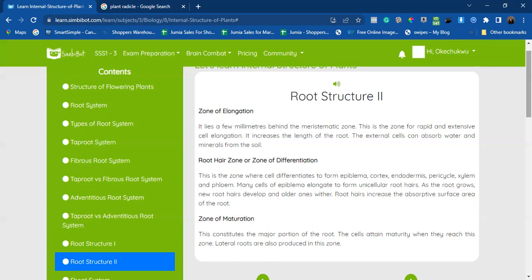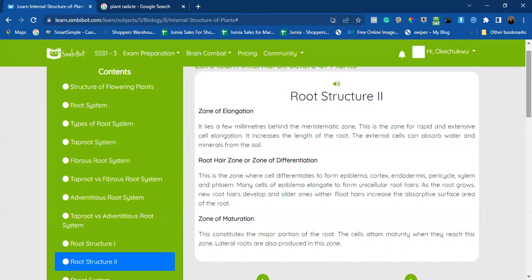All right. The root cap, or calyptra, enables the plant to make its way through the soil. The growth zone, or meristematic zone, is found behind the calyptra, and this is the point where the growth of the root starts from, or the shooting of the roots starts from.